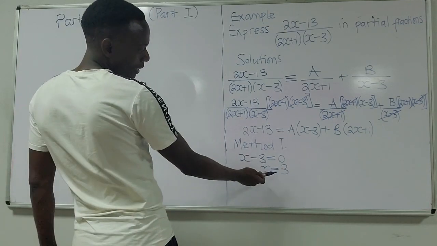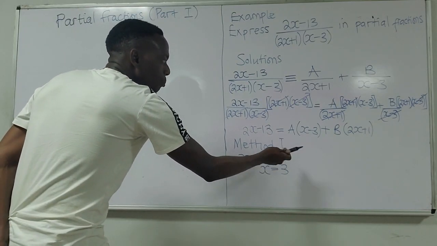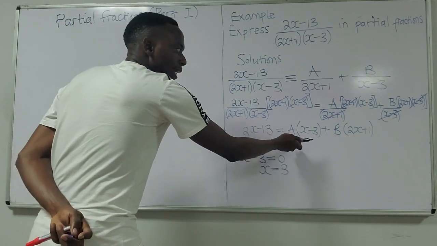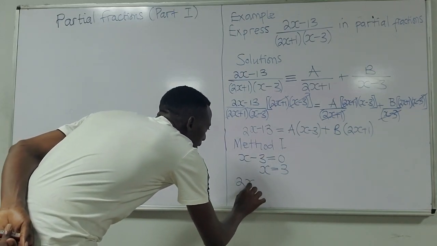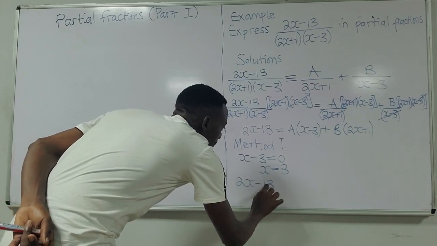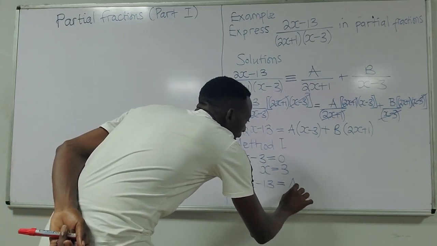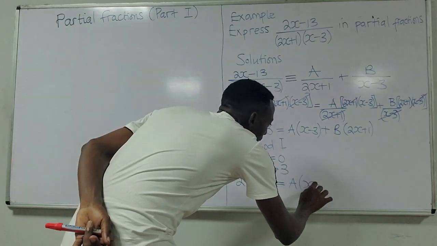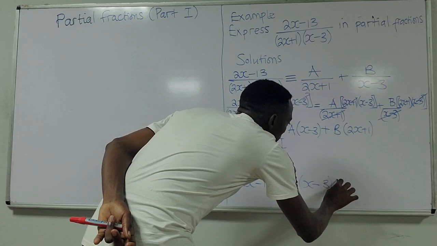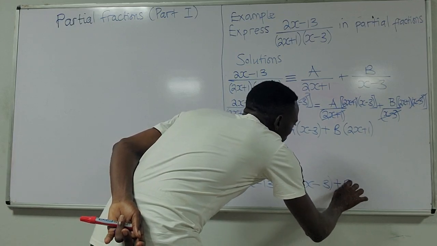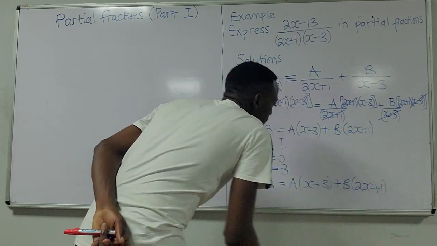So this is as good as us saying, when x is equal to 3, what would be the value of either a or b? So we get the equation 2x minus 13 is equal to a times x minus 3 plus b times 2x plus 1.